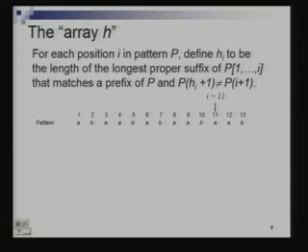Okay. So, suppose this is what is happening. This is my pattern. I am now not showing you the text at all. But I tell you just the following information, that the mismatch happened at position 11. So, you do not know what the text is, but the mismatch happened at position 11.